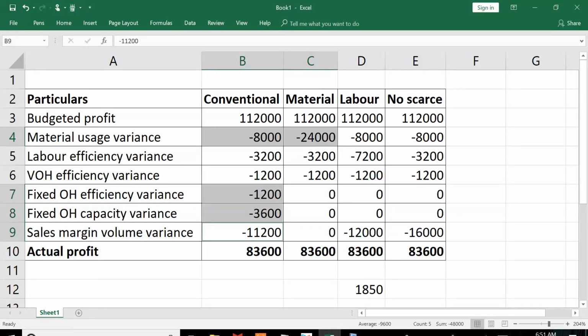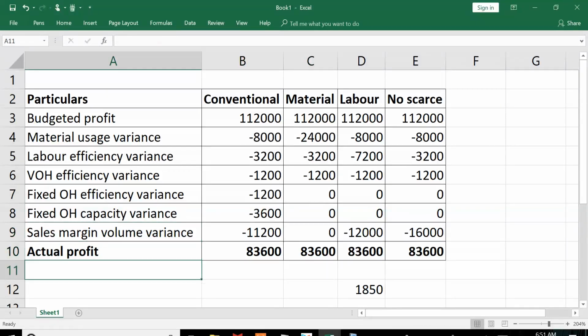Individually we can't segregate, like the contribution has been, let's say, 8,000. Where has that been registered here? Which scenario are you talking about? Last is no scarce input. That is automatically gone to sales margin volume variance. Your fixed overhead expenditure, efficiency and capacity 4,800 got added to your sales.